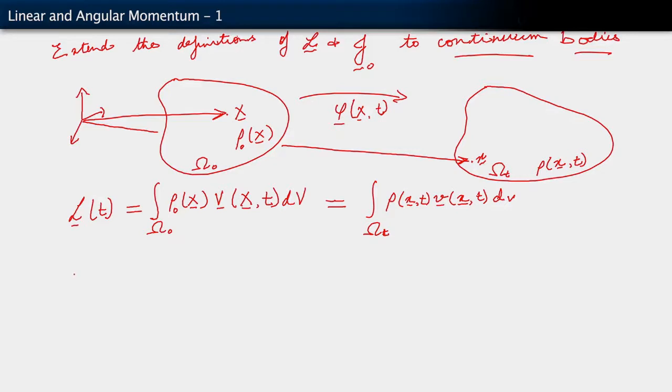Likewise, let's write out our angular momentum, and we will stick with the angular momentum defined about the origin. Very much like we have up here, integral over omega naught. Now, reference position x crossed with everything that went in the previous integrand.